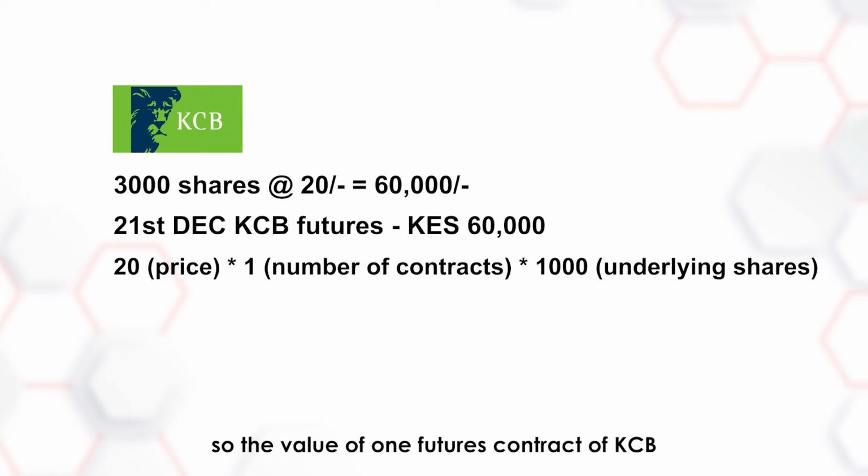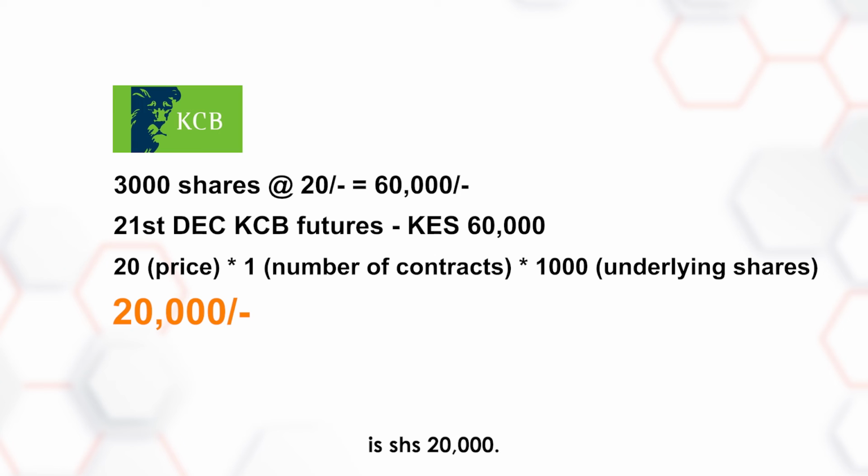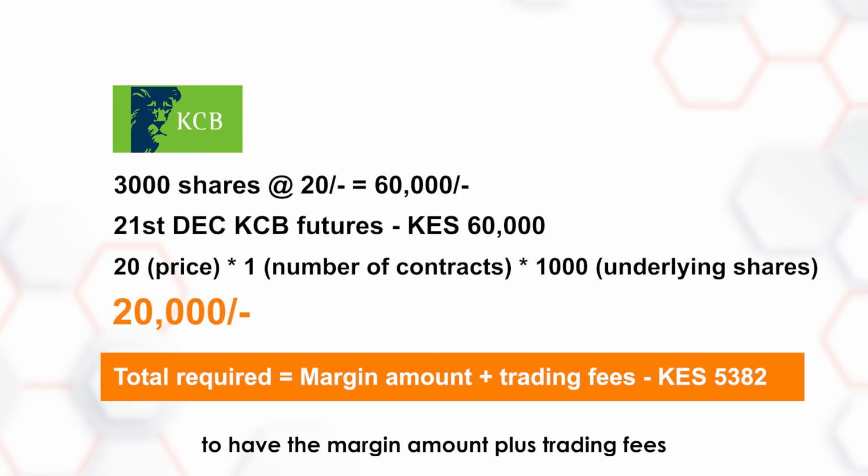So the value of one futures contract of KCB is 20,000 Kenyan shillings. This means that he needs to short 3 futures contracts of KCB to hedge his KCB holdings. And also remember, he'll not have to deposit the entire 60,000 to pick up 3 contracts. He will only be required to have the margin amount plus trading fees, around 5,382 Kenyan shillings.